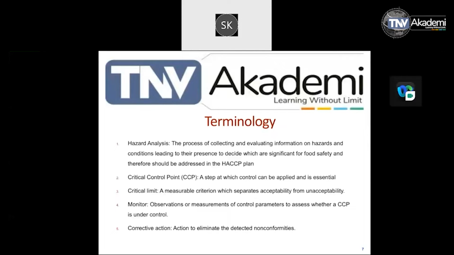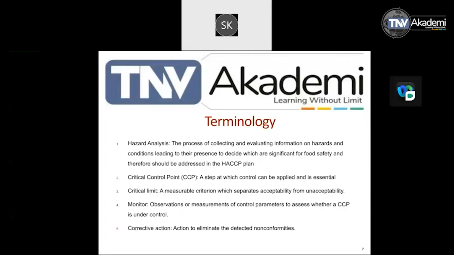Through this, risk analysis is done, and the hazards which are significant and non-significant are identified. After the hazard analysis comes the identification of the critical control points.